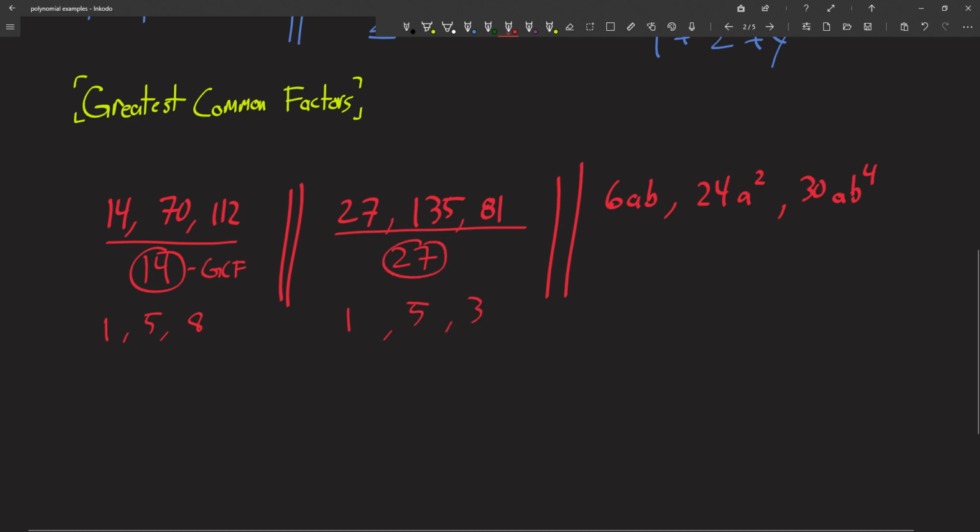So 27 is the greatest common factor. Other factors included 3 and 9. So 3 and 9 are also factors, but they're not the greatest. They're smaller.